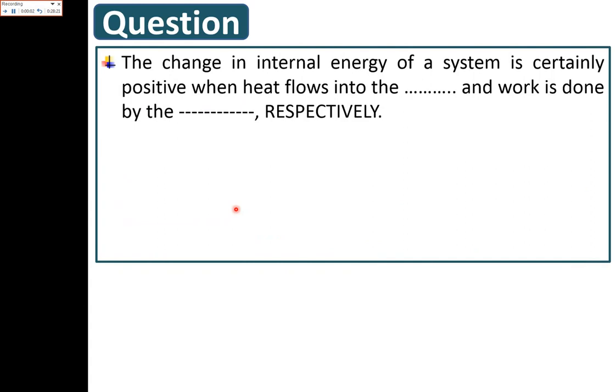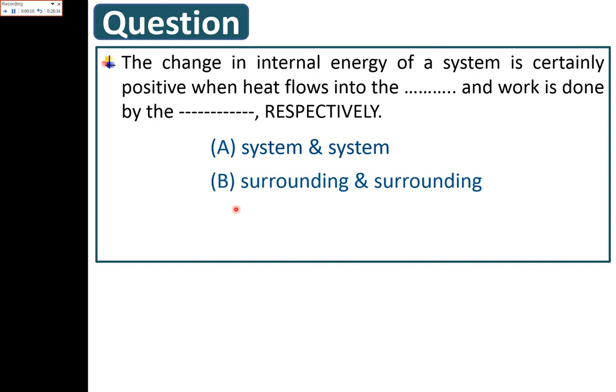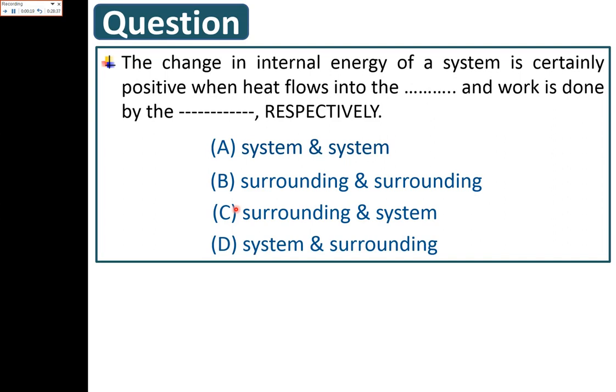The change in internal energy of a system is certainly positive when heat flows into the system and the work is done by the system, respectively, or the surroundings. Actually, you remember the convention that we have taken in the thermochemistry chapter, that Q will be positive when heat flows from the surroundings to the system, and also W will be positive if the surroundings exert work on the system.